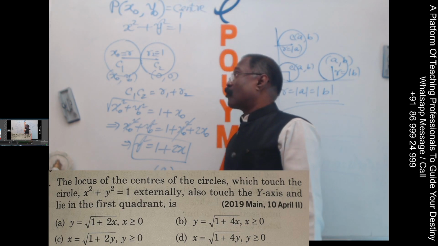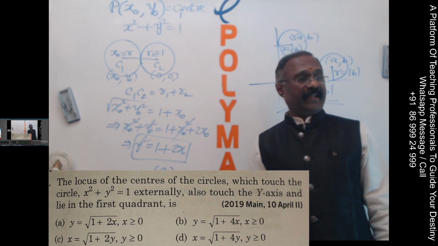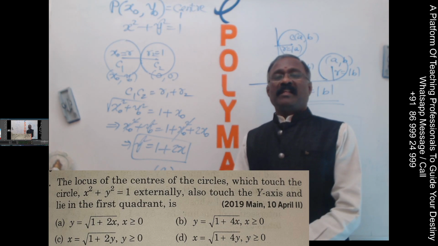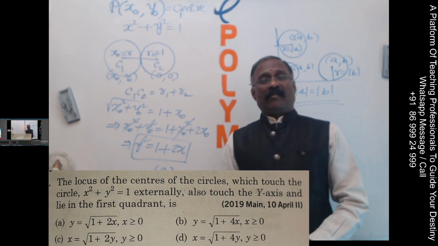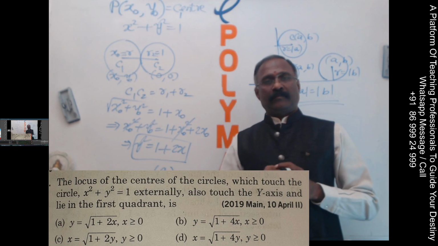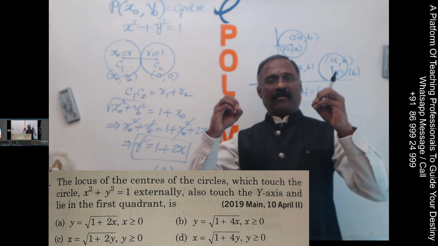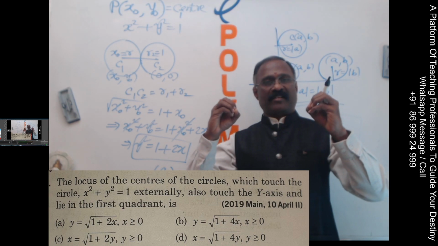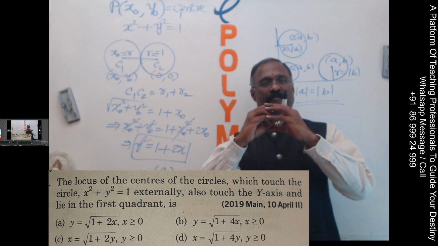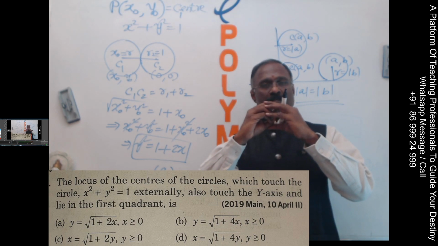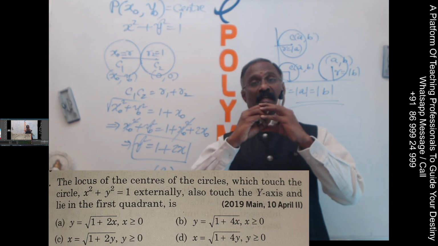So see the concept here. C1C2 = R1 + R2 when the circles touch each other externally. C1C2 is greater than R1 + R2 when the circles never intersect each other. When the circles intersect each other, then C1C2 is less than R1 + R2.